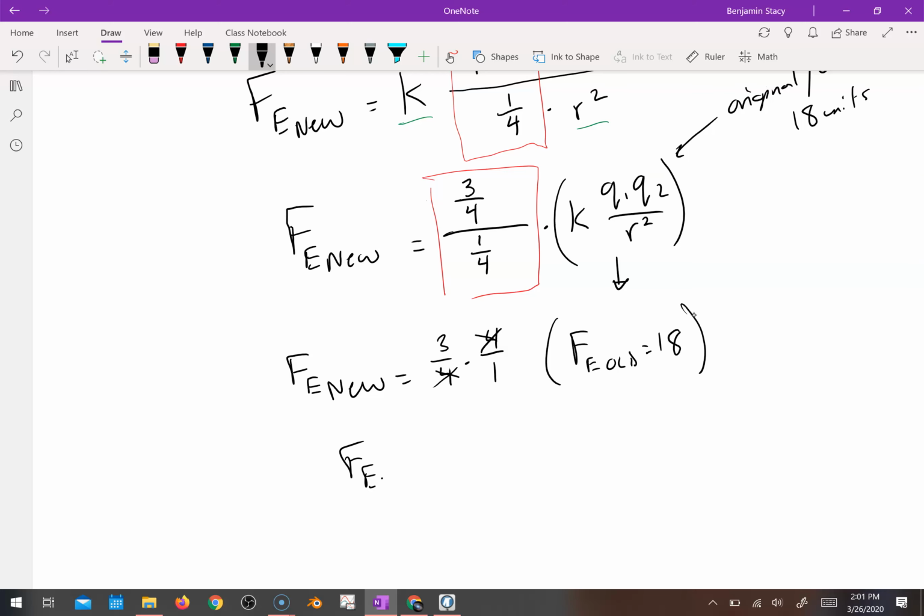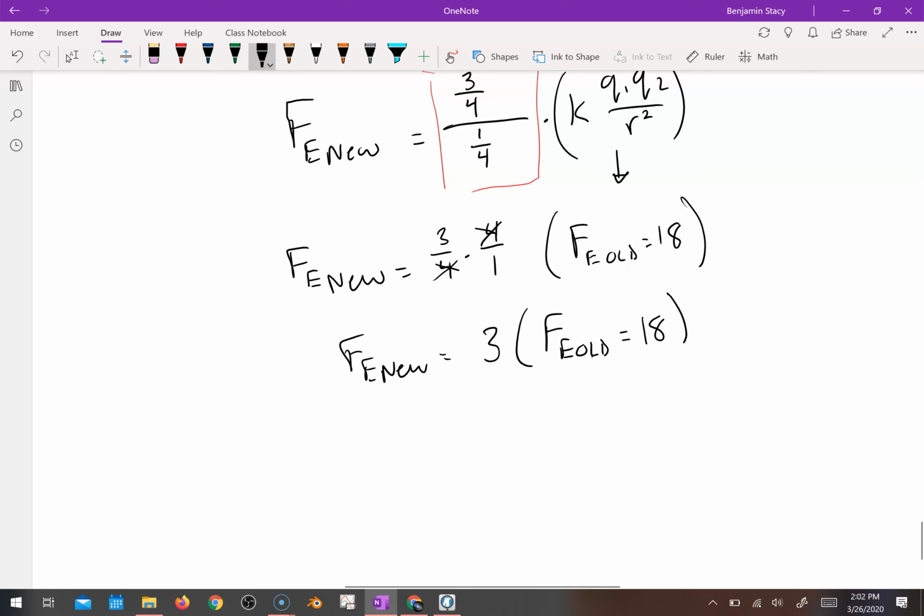So the new electric force, Fe new, is going to be 3 times our old electric force, or original electric force, which was 18 units. So it's going to be 3 times 18, which is 30 plus 24. So that's going to be 54 units, right? 36 and 18, 30, 40, 54, yeah.